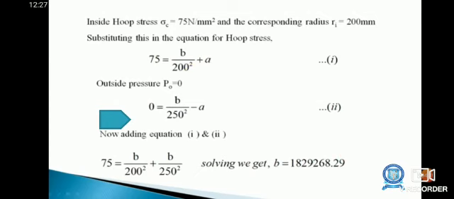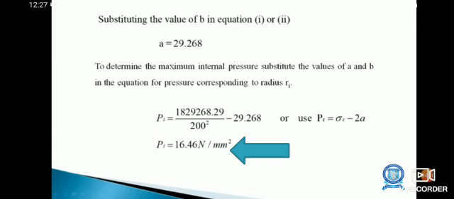So we have found the B value. Next, substitute the value of B in equation 1 or 2, and we get the A value. A is equal to 29.268.